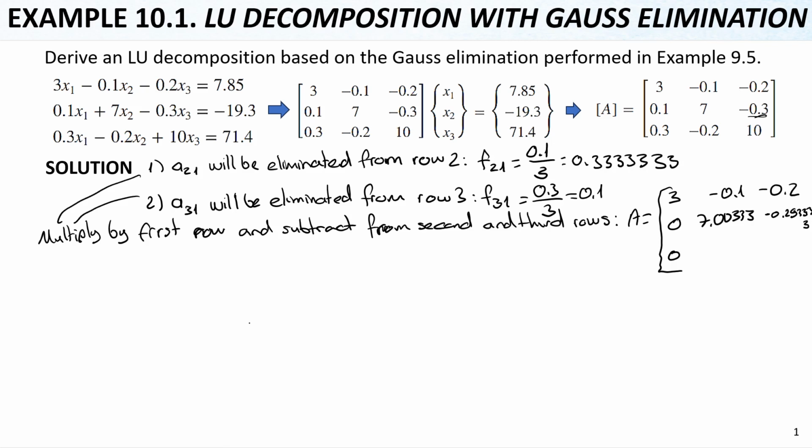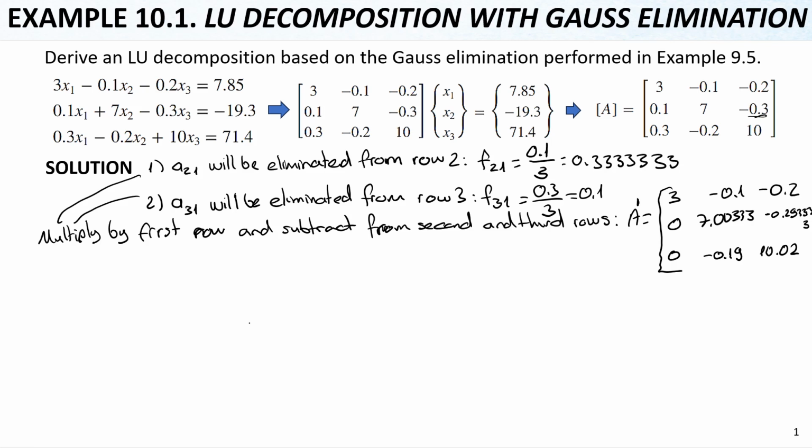So simply here the second term is minus 0.19, and for the third one, we multiply 0.1 by 0.02 and subtract from 10, which makes 10 minus 0.02, plus, that means 10, then it becomes 10.02. So we obtain this A prime, let's say.